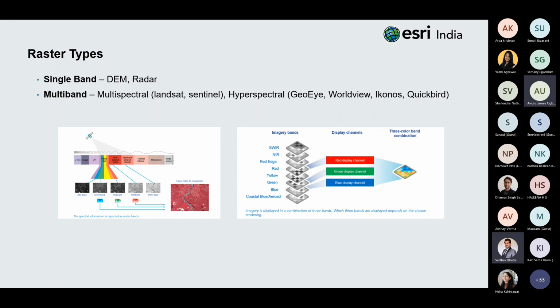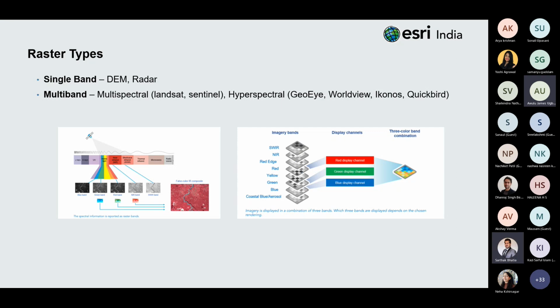Now, generally, raster bands can range from 3 to 10, which fall under the category of multispectral. An example of these multispectral images could be the Landsat dataset or Sentinel data.